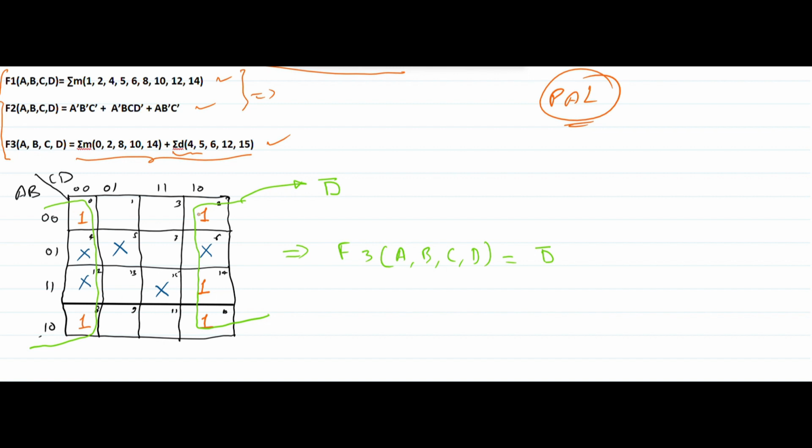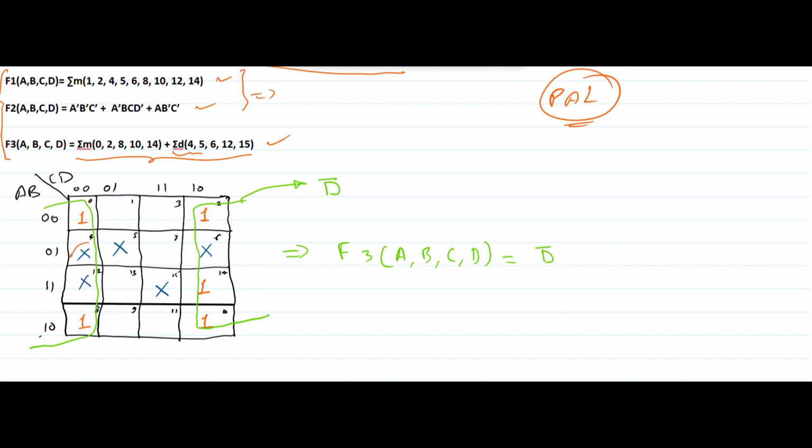So here I make the K-map with 16 cells because we have 4 input variables. 4 input variables means we have 2 raised to power 4 cells in the K-map. Now for 0, 2, 8, 10 and 14 I write 1, and don't care will be at 4, 5, 6, 12, 15. Now if you see here, these are 1, 1, 1 and here 1, 1 is here.